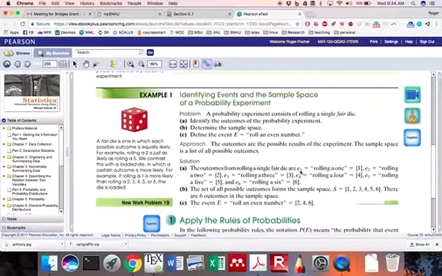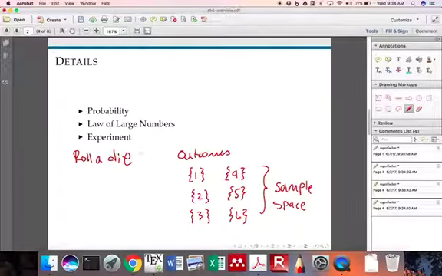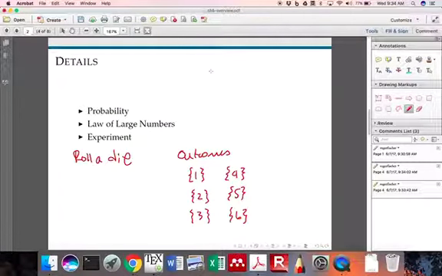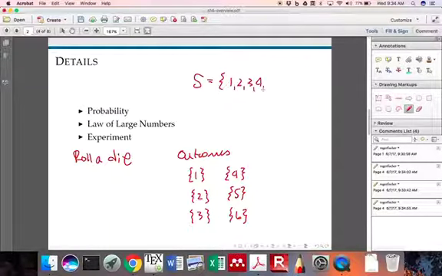Well, event 1 in your book uses as notation E for event and sub 1 to indicate this is a different event than that event. So if you roll a 1, that's an event. If you roll a 2, that's an event. Any of these are events. And the sample space is the set of all possible outcomes. So I should actually be careful about how I write this. Sample space is the collection of all these critters.